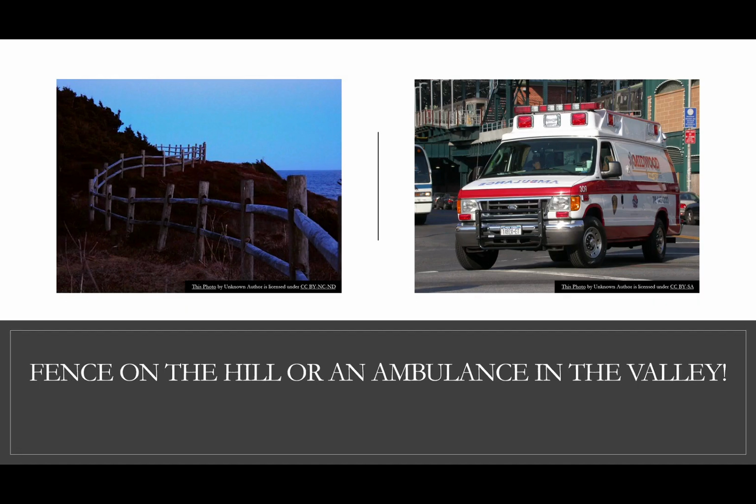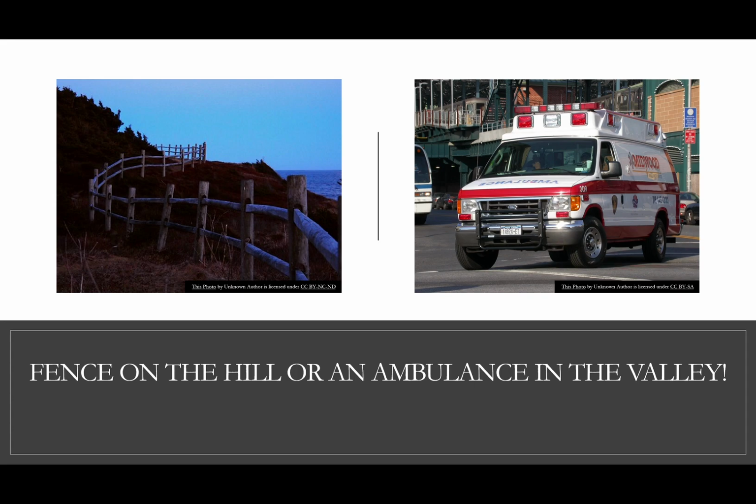So we come to this concept of we have information, we have sickness and disease that surrounds us. So do we wait for the crisis, or do we prevent or try to prevent or maintain a healthier lifestyle? And there was a famous poem that was written in the late 1800s called A Fence on the Hill or An Ambulance in the Valley.